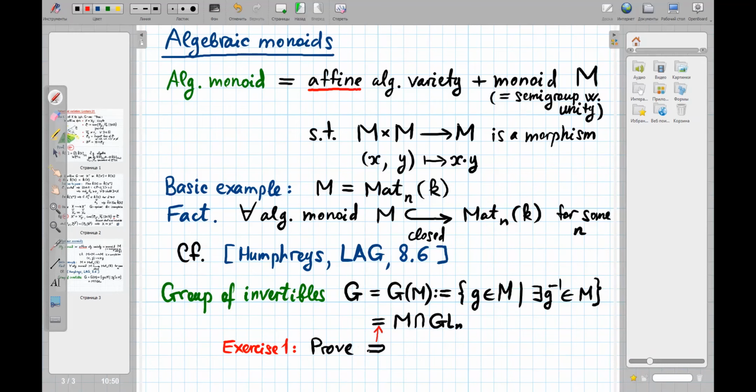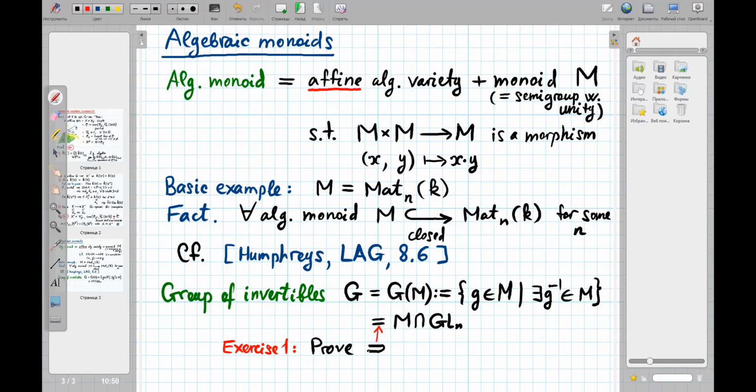Or it is the whole n-dimensional. No, it is just, of course, not the whole. It is just a closed subvariety, a closed submonoid. Oh, I see. Yeah. A closed subvariety containing the unity matrix and closed under multiplication of matrices. This is the requirement. Okay.